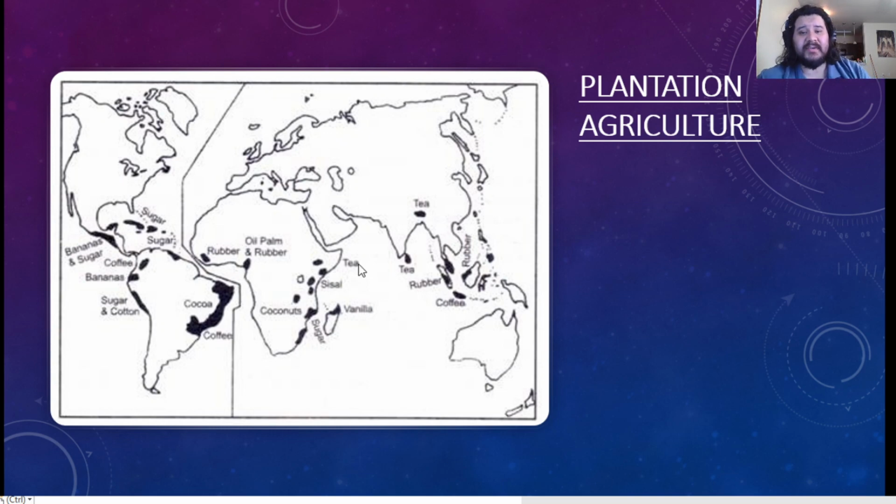Tea, and these are crops and agricultural goods that need to be collected very carefully. If you think of bananas, they bruise very easily. A lot of work, while it's been automated with the introduction of mechanization, or things after the Industrial Revolution that contributed to the second agricultural revolution, we still have a lot of work that has to be done by hand just because of the nature of these goods.